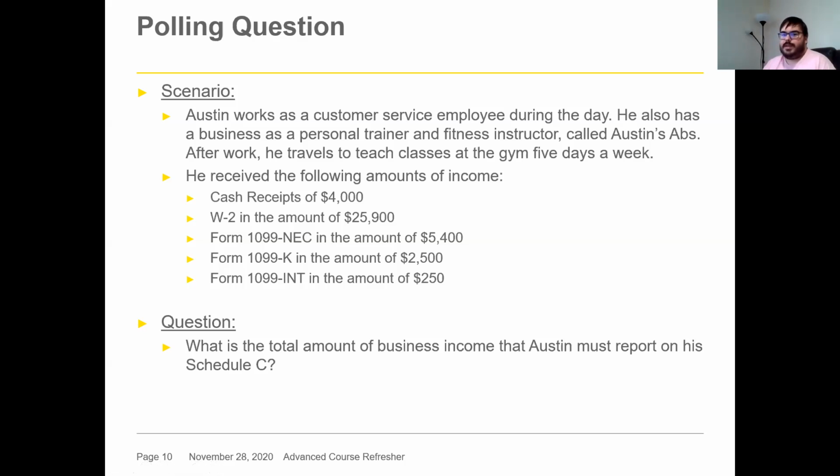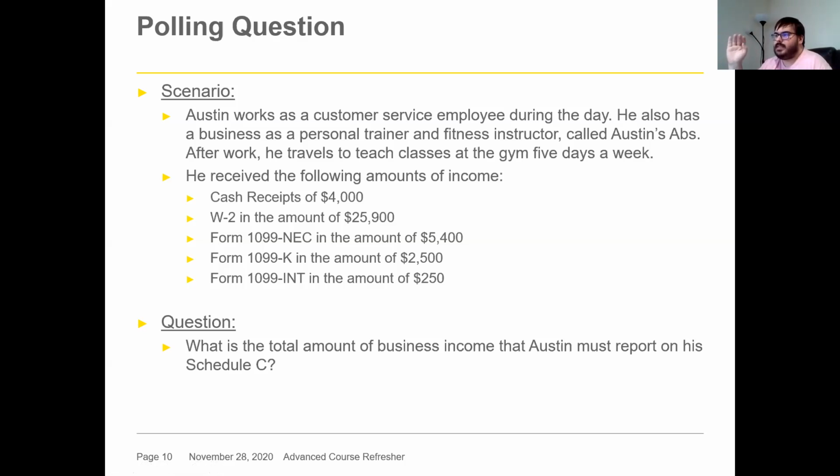The scenario is this. Austin works as a customer service employee during the day, and he also has a separate business as a personal trainer. During the pandemic that's a little bit hard, but let's assume this is still accurate, and that he travels to teach classes at a gym 5 days a week.